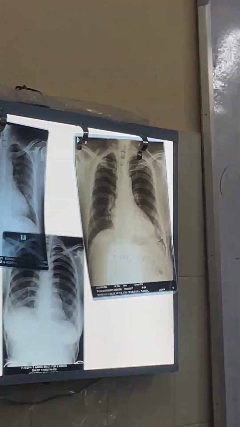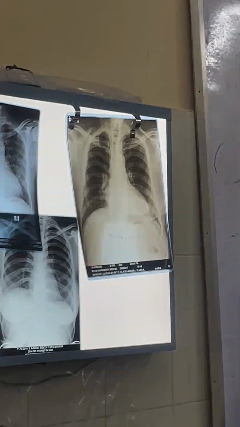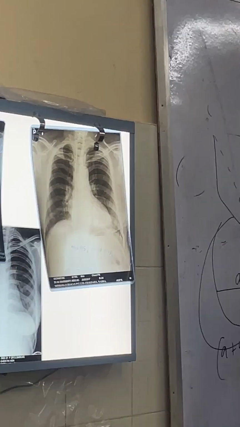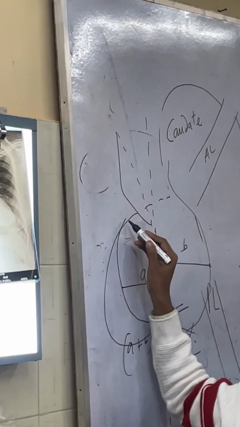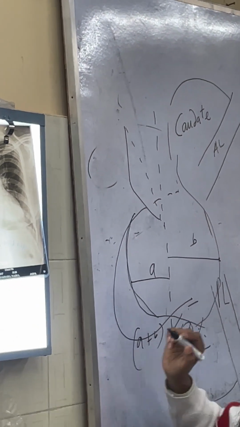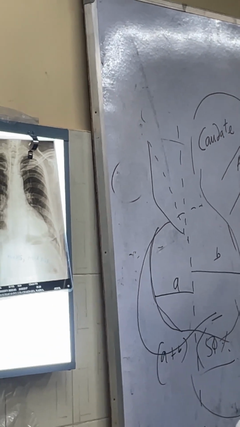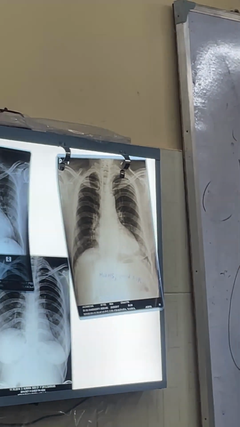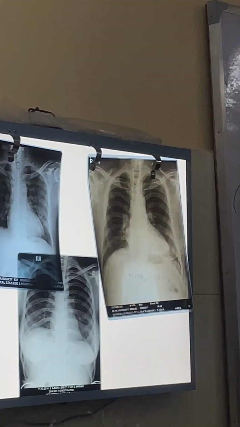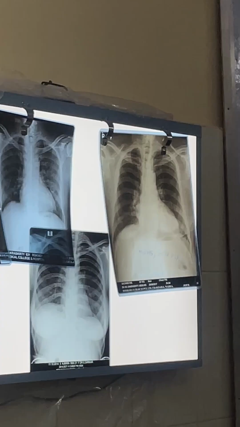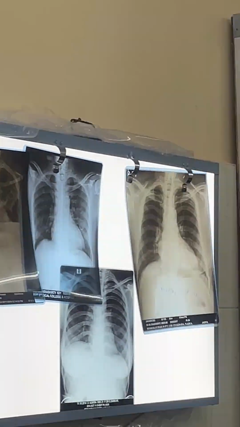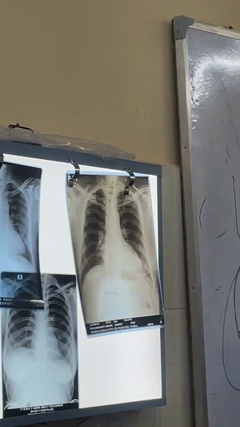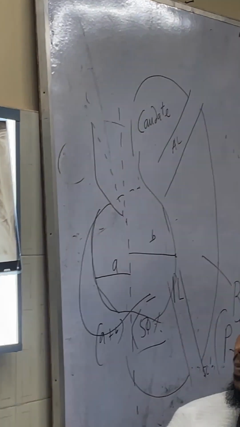So from the beginning there is the right atrium, and now the left atrium comes. So there will be a double contour sign, or double density sign, of the right heart border, which is also known as mitral stenosis.